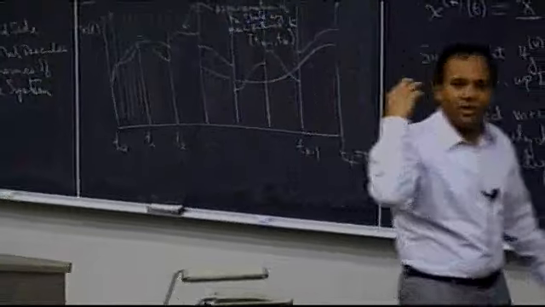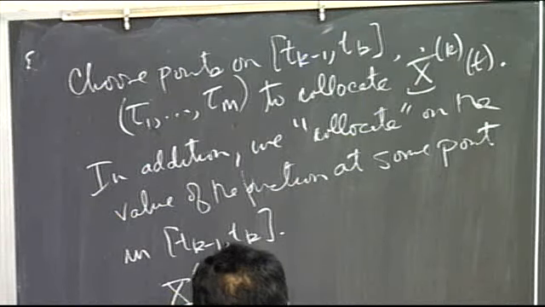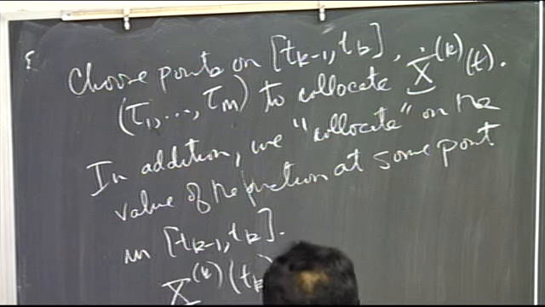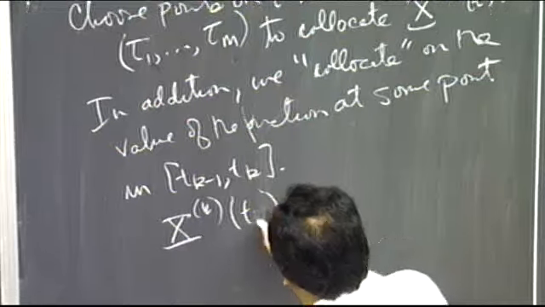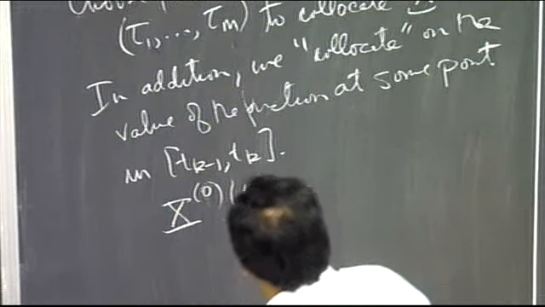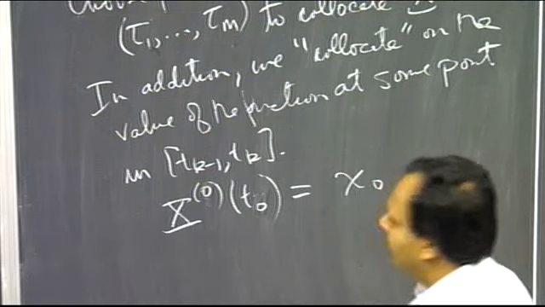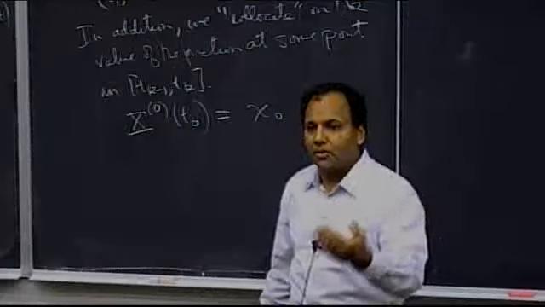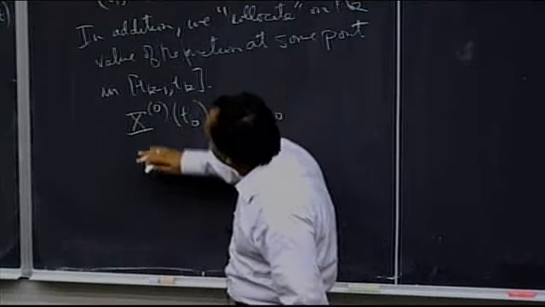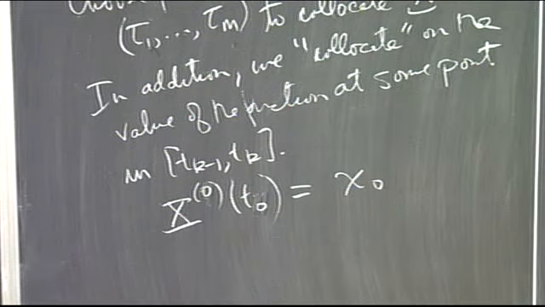I know the value of the function at the initial point. So x k of t k is going to equal what? Let's start at the first point, t0. So x0 of t0 is going to equal my known value. Suppose I start with a known value of the initial state. Then I'm going to say the function in the first mesh interval is going to equal the known value.